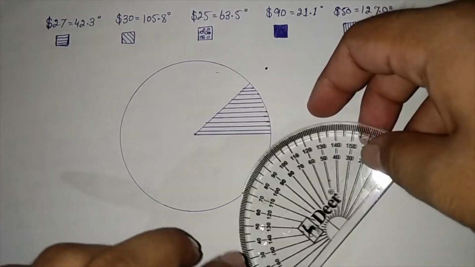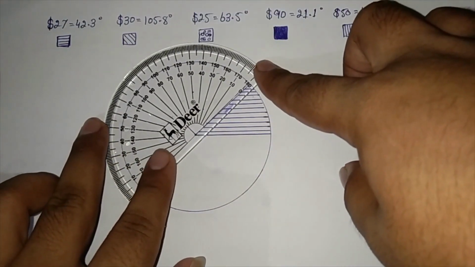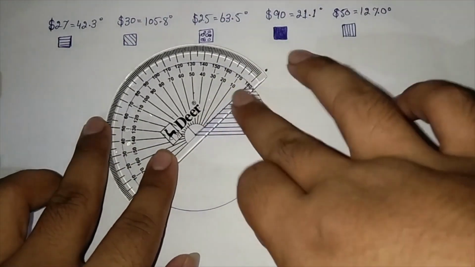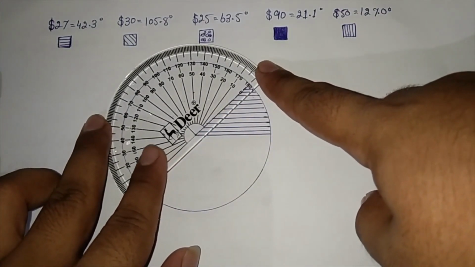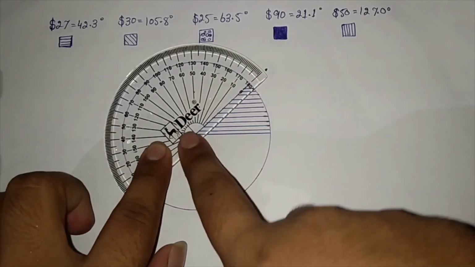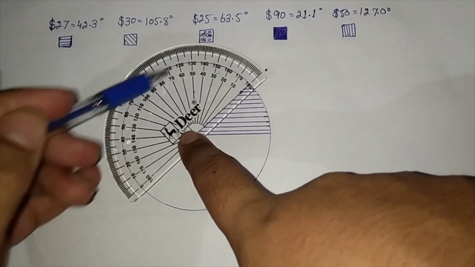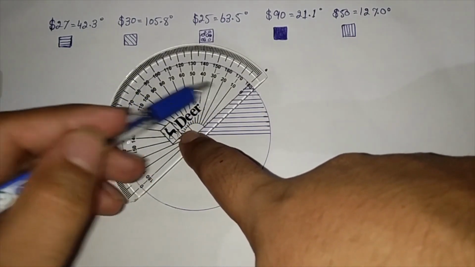It means that here we have to put the center here and the baseline here, so that we can draw our next angle.